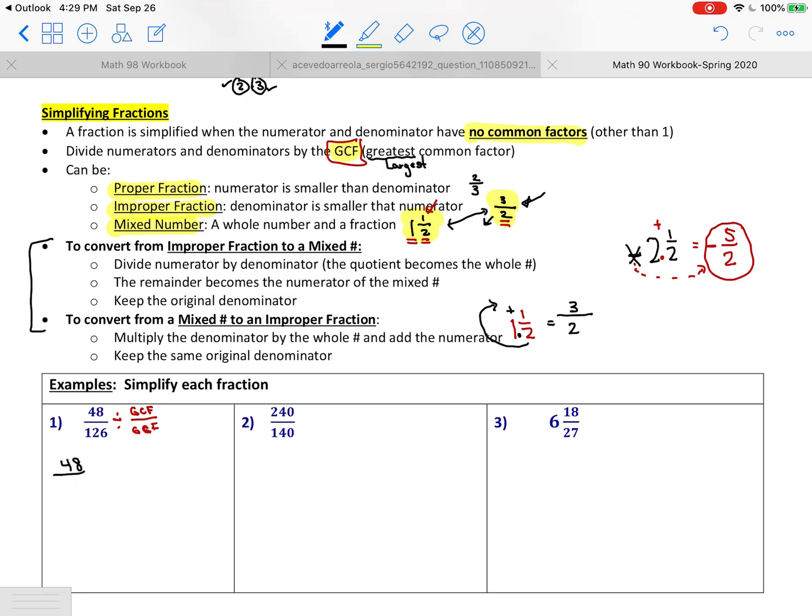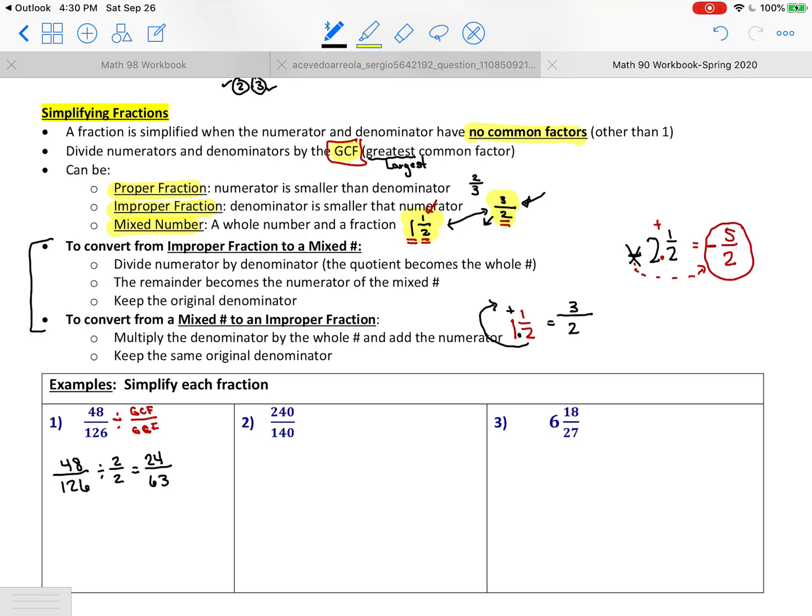You can notice that both of these numbers are even numbers, right? So if we don't know the greatest common factor, we want to at least choose a common factor. So let's start with 2. Half of 48, well, half of 40 is 20, right? Half of 8 is 4, so that would be 24. And half of 126 would be 63. All right, so we look at 24 and 63.